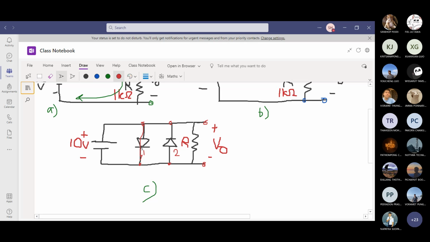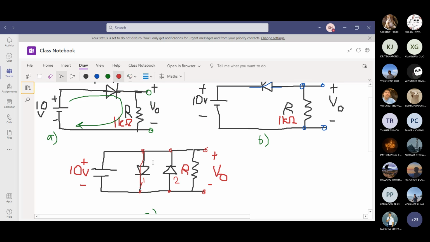Once the diode is on, what is the voltage of the diode? It is 0. Short circuit voltage is 0. Ideal diode becomes a short. It will be 0. Okay. Let's go to the second diode.